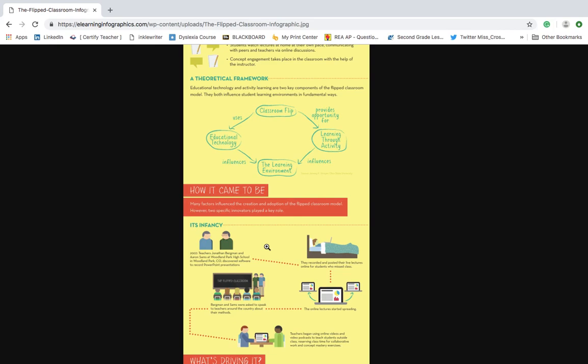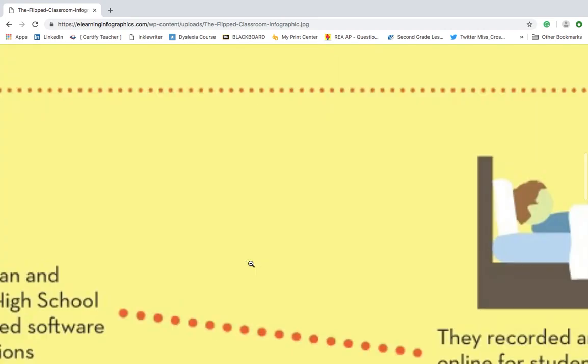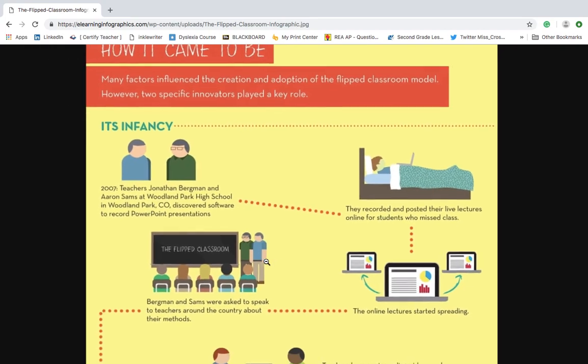So how did this come to be? I know we talked about Tim Flanagan and his morals and how he truly believed in the sole purpose of flipping a classroom and how effective it was. But here's something more. In 2007, let me zoom in for you so you can really read it. Right here.